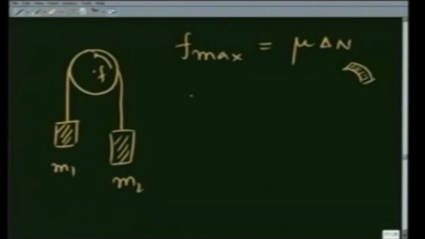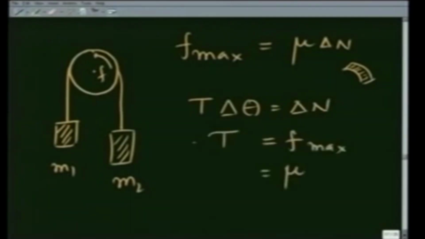So I have the equations from earlier, T delta theta equals delta N and delta T equals F max, which is mu delta N, which in turn from this equation is equal to mu T delta theta.